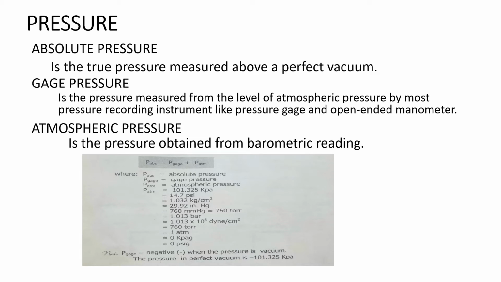Atmospheric pressure is the pressure obtained from barometric reading. The formula for absolute pressure is equal to your gauge pressure plus the atmospheric pressure.